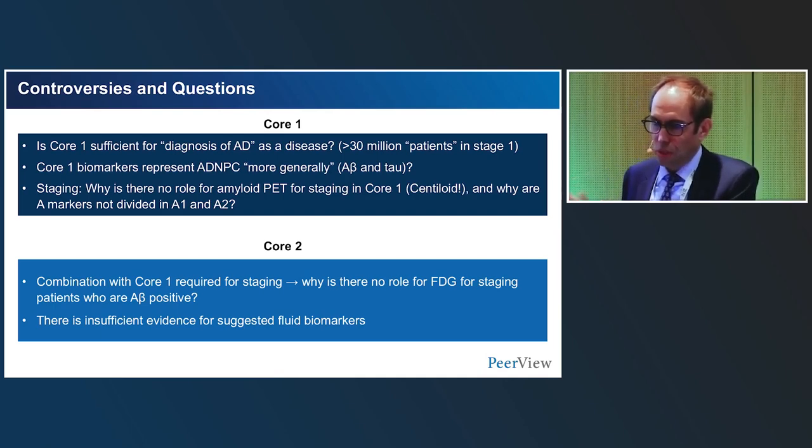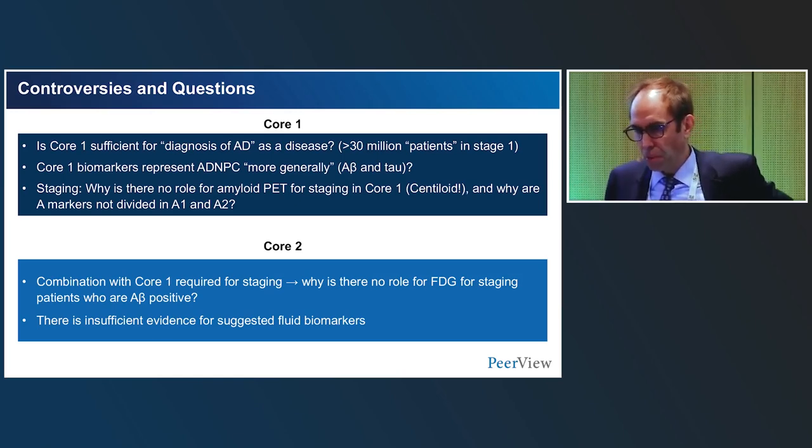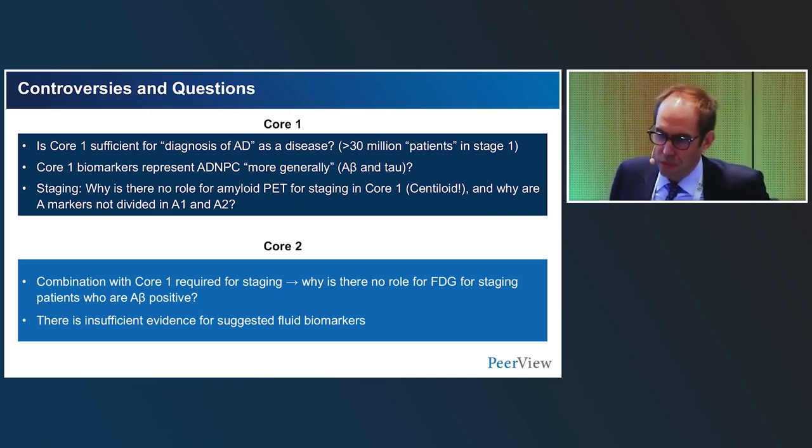So as soon as one core biomarker is positive, you would be suffering from a disease. And it's probably debatable. Let's say in Europe, we would have then more than 30 million patients immediately because of subjects being in stage 1 having no symptoms, but some amyloid positivity. Of course, an important discussion.